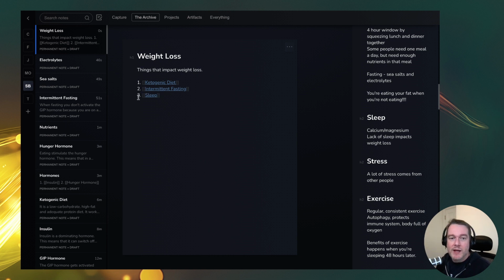So let's bring in, I've already got a note on sleep. I can't remember why I put calcium, magnesium, but let's say here, see also how sleep impacts weight loss.